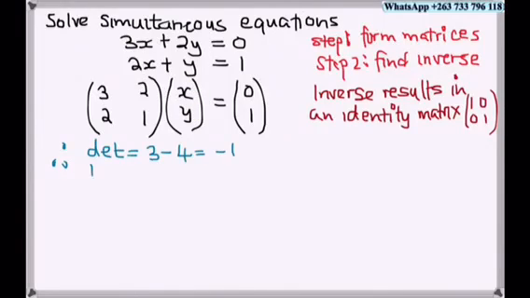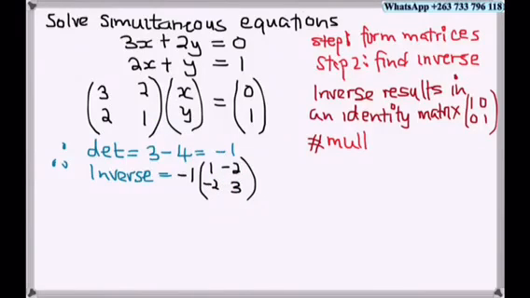Let's calculate an inverse. Our determinant here was -1, therefore 1 divided by -1 is -1. Then our inverse: these two swap, giving 1, 3, then the signs change, -2, -2. So this will multiply both sides. Let's multiply both sides with this.